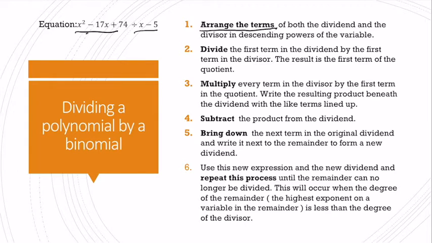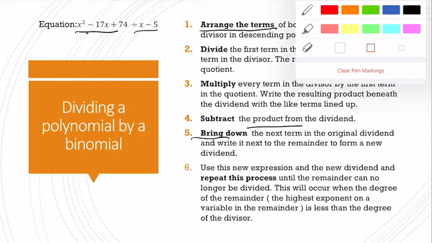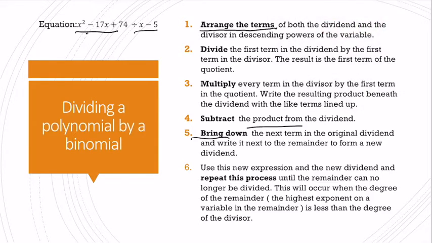Then we multiply every term in our divisor by that term we just found for our quotient. We subtract that product from our dividend and bring down the next term, just like we did when dividing whole numbers. We repeat this process until our remainder can no longer be divided, and this will occur when the degree of our remainder is less than the degree of our divisor.